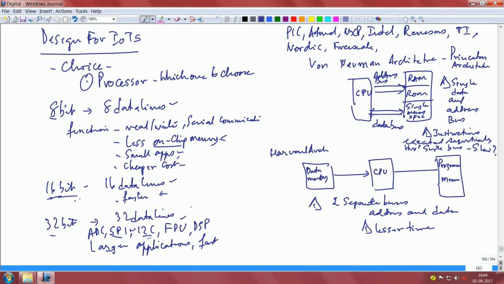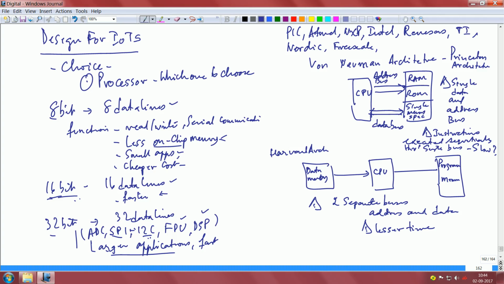Then you can have floating point units inside, DSPs inside them. With all this vast support for large applications and the fast application world, I think 32-bit is the right way to go, okay. Not that you do not have SPI and I2C on 16-bit processors, but you will be very quickly limited.